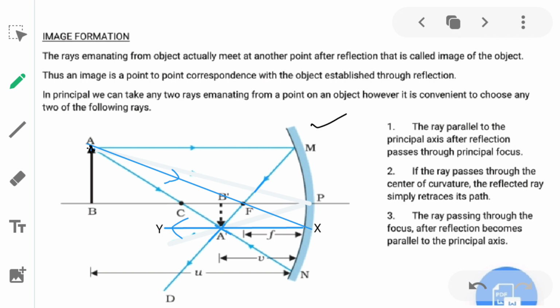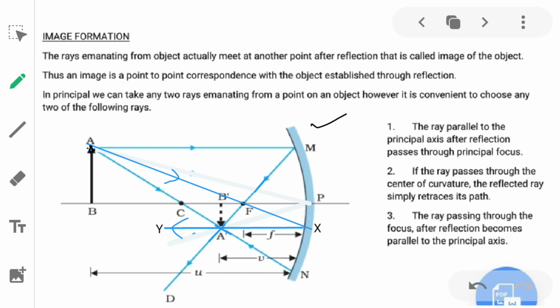From the object AB, a number of rays will be getting emitted. They all will be incident on the mirror and get reflected. After reflection, wherever all these rays meet, that is the image formation point.